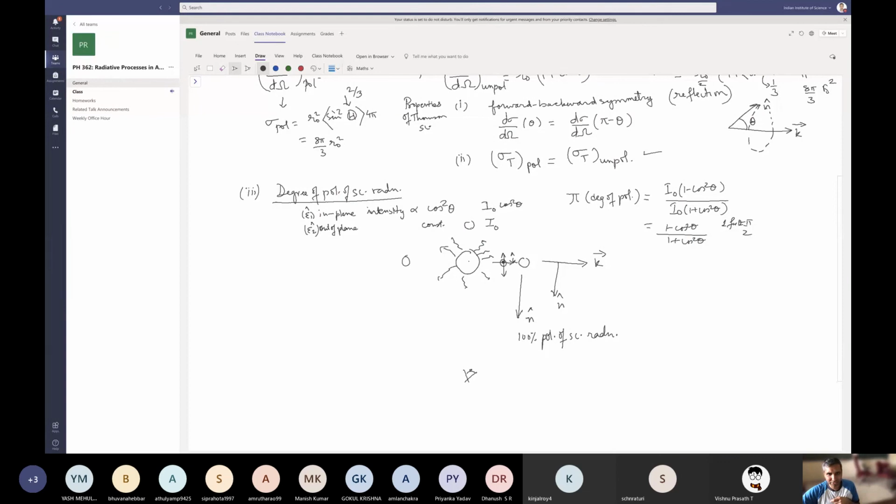But if the planet is here, for example, then n hat is in this direction, and these are the two accelerations due to the incident radiation. Since both of these are perpendicular to your line of sight, the planet at this location will be unpolarized. So polarization is maximum here.